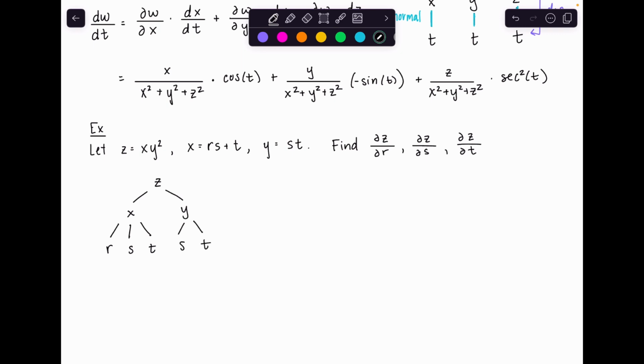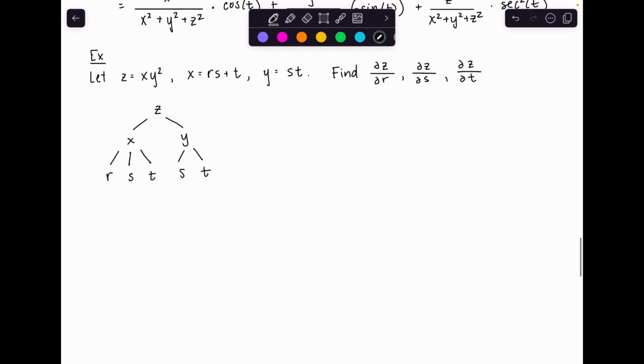Okay. So I'm going to start by actually writing all of the different partials first, and then I'll kind of go back and fill in the pieces. But this is a relatively short one. So in the end, I do have multivariable dependence. So we are taking partials.